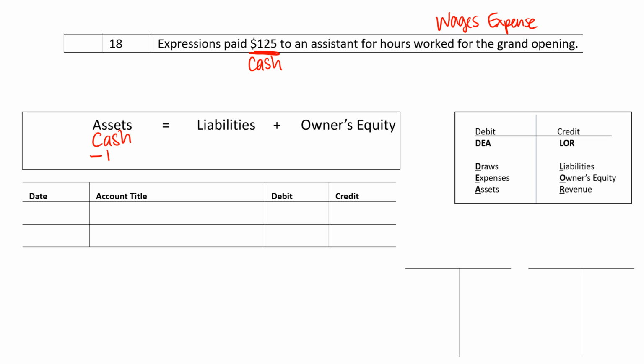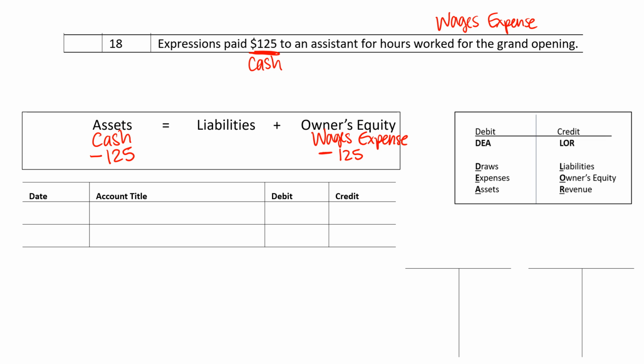Cash is decreasing by $125 because it's being paid out. The other thing that's affected in this is owner's equity. Owner's equity is decreasing because remember, expenses decrease owner's equity. It's called wages expense.